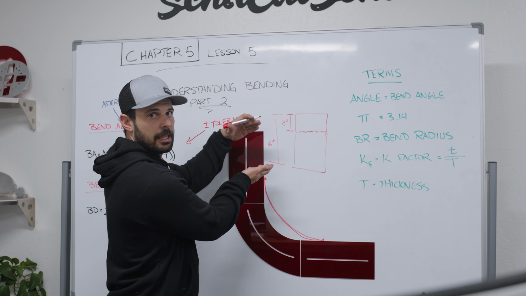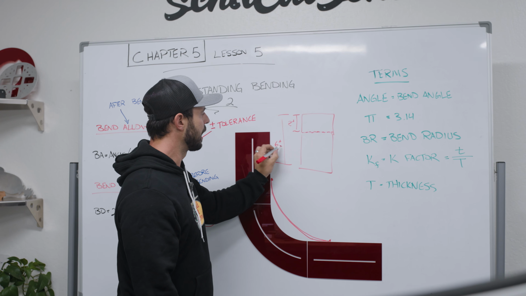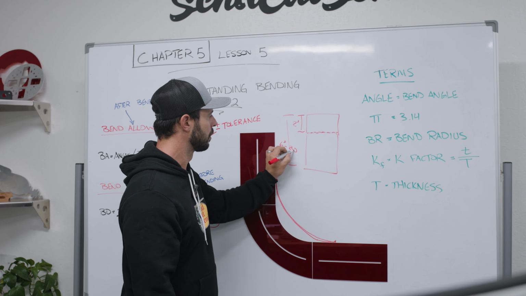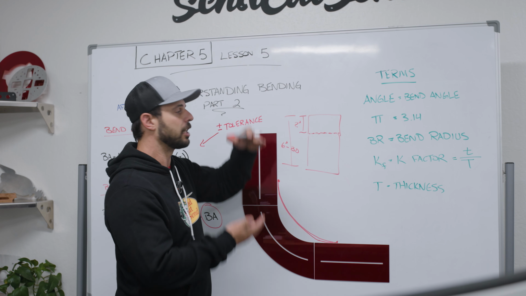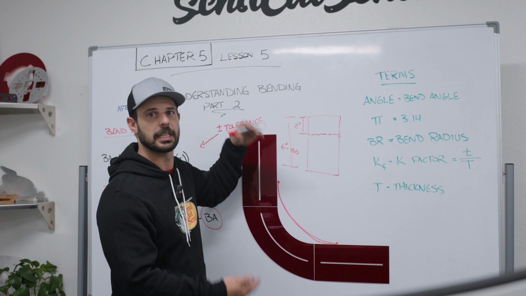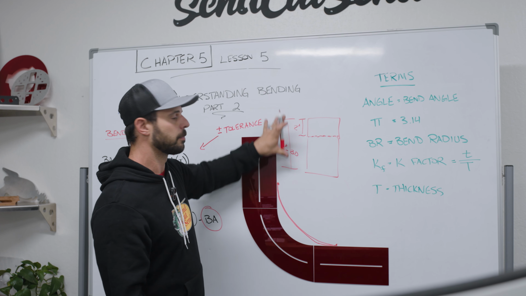We want to shrink this part by our bend deduction in order for it to stretch into our 2-inch flange with a 6-inch overall part. So this is the important part.